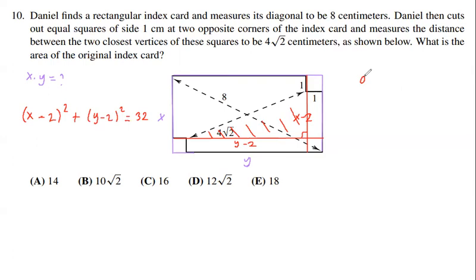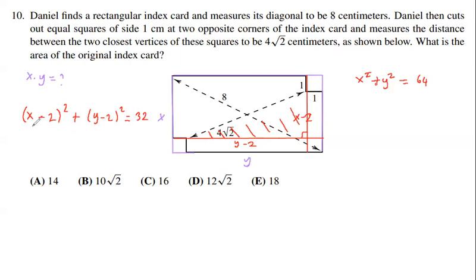So that is X squared plus Y squared is equal to 8 squared, which is 64, because that's the diagonal of the rectangle, a right triangle right here. Okay, so we have now these two. Maybe I can use both of these to get what I want.